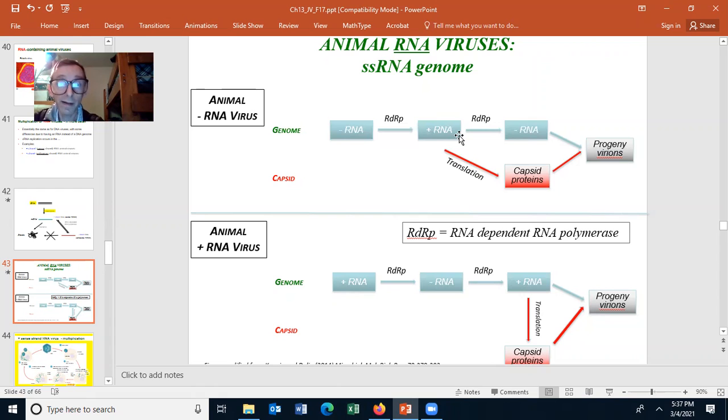And only the positive single-strand RNA is read by the ribosome to make the capsid proteins. And then the capsid proteins get together with the genome, the negative single-strand RNA virus, to make the new progeny virions. Any question about how animal RNA viruses replicate?